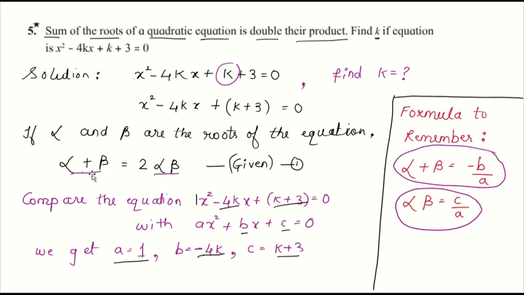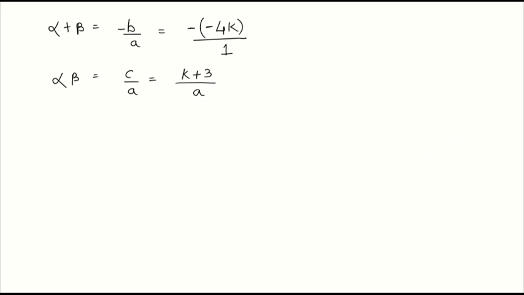What was the given condition? Alpha plus beta is equal to 2 times alpha into beta.